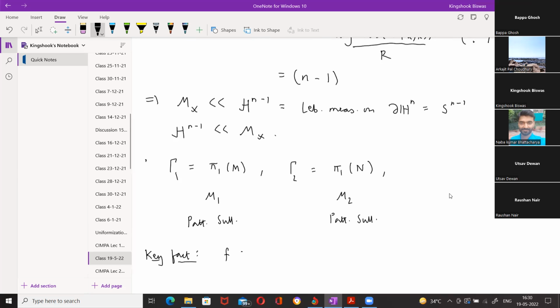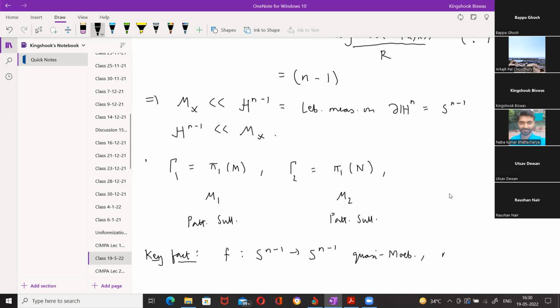So I have my boundary map f from S^{n-1} to S^{n-1}, quasi-Mobius, and the dimension of the boundary is at least 2.